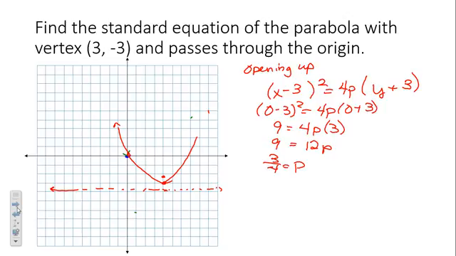It doesn't ask you for it, just a completion to wrap it up in a nice neat bow. So the last step is to rewrite it as (x minus 3) squared equals 4 times 3/4 times (y plus 3).